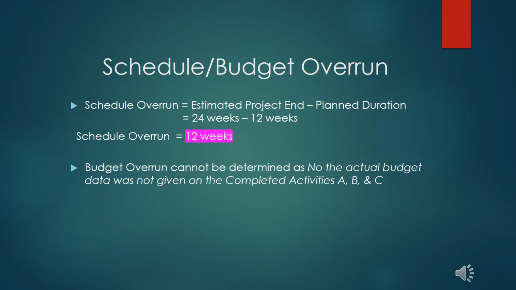We already know that estimated project end is 24 weeks and planned duration is 12 weeks. So the total for schedule overrun will be 12 weeks. For budget overrun, we cannot determine this as there was no actual budget data given on the completed activities A, B, and C.